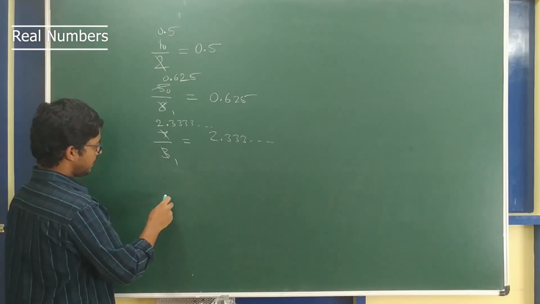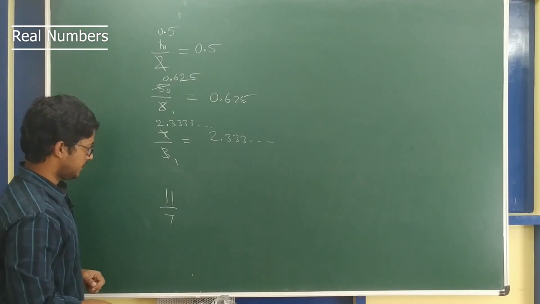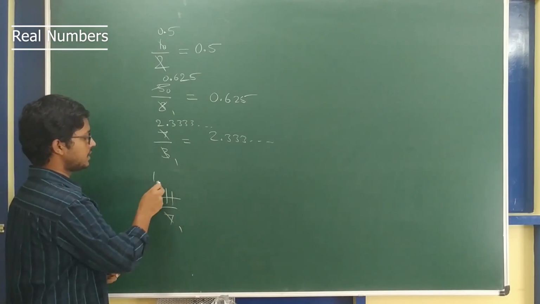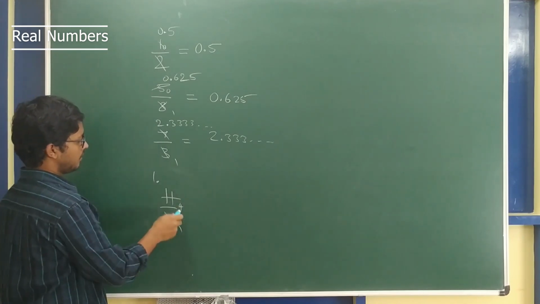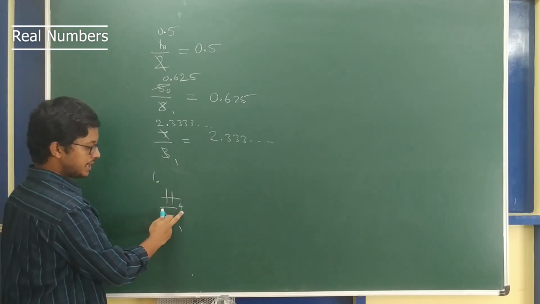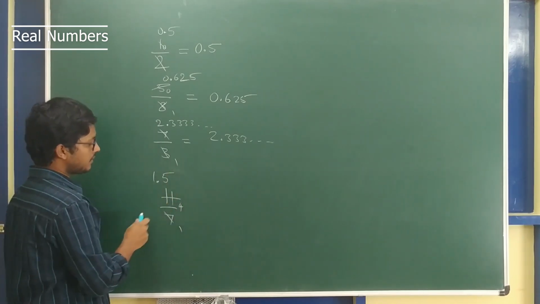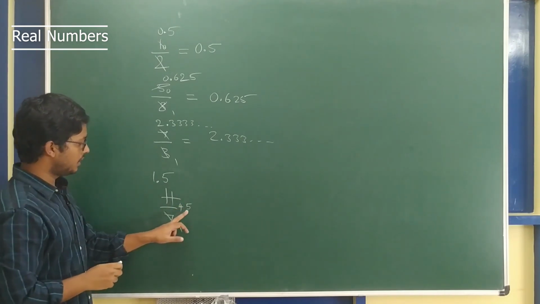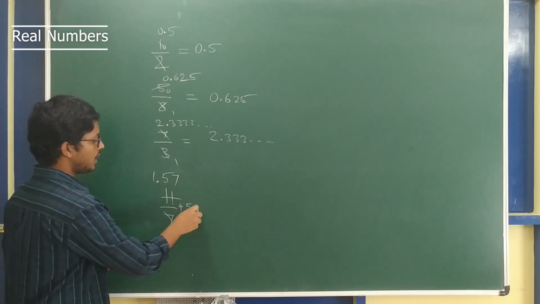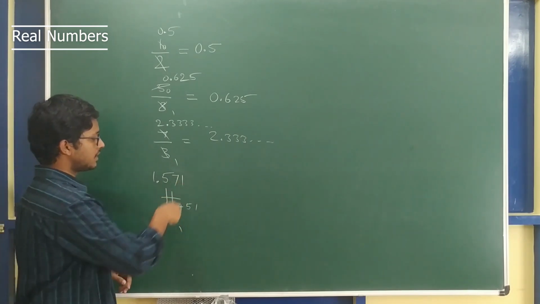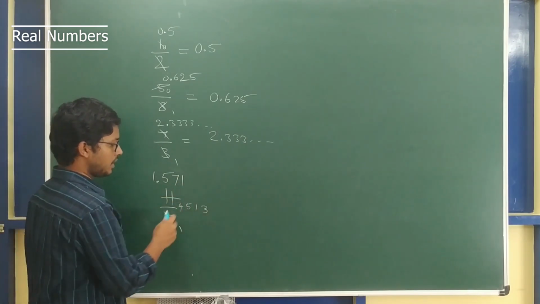Let's take one more example of 11 by 7. So this will be 7 1s are 7, 4 remained. After putting the decimal, this becomes 40. 7 5s are 35, so 5 remained. This becomes 50. 7 7s are 49, 1 remained. This becomes 10. 7 1s are 7, 3 remained.